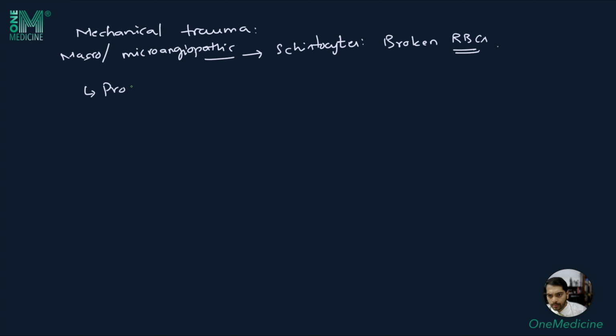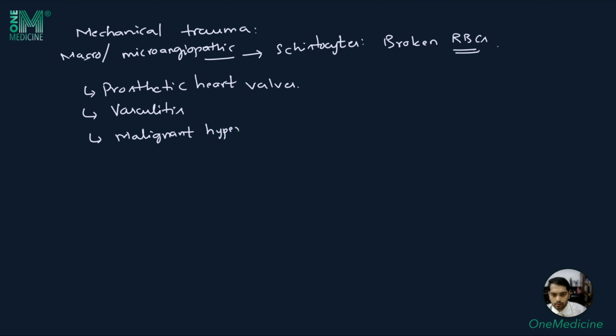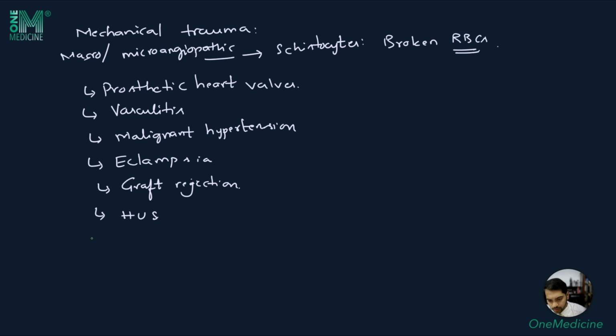This can be seen in prosthetic heart valves, vasculitis, malignant hypertension, eclampsia, renal graft rejection, hemolytic uremic syndromes, disseminated intravascular coagulopathy, March hemoglobinuria.